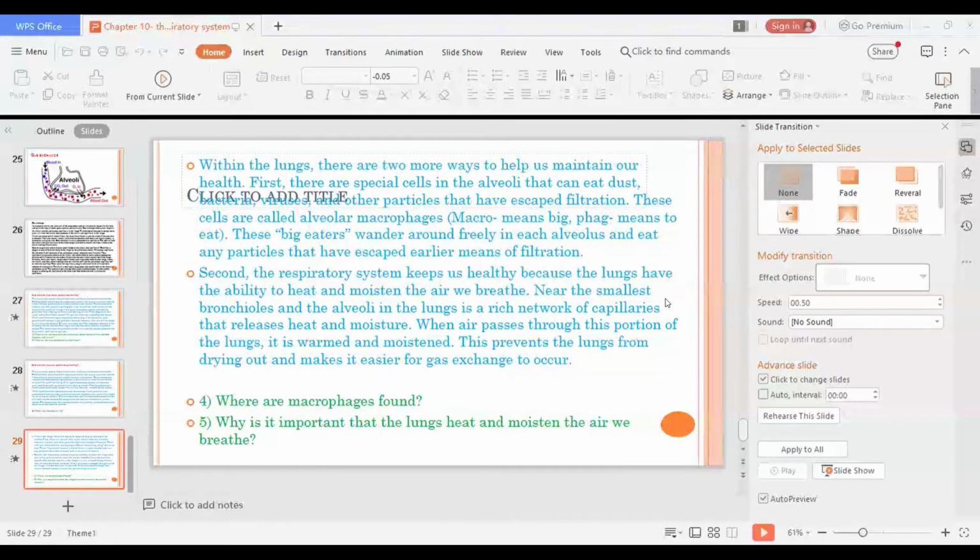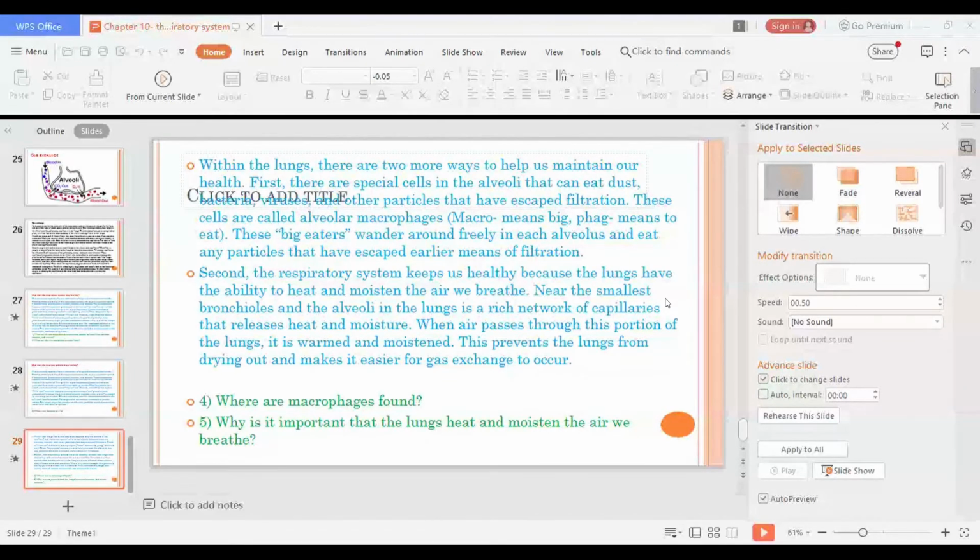Okay, so can you show the class in which paragraph and which line you can find the answer? I can find the answer in paragraph 1, line number 1 and 2 from the bottom. From the bottom, right? These cells are called alveolar macrophages. Macro means big and phage means to eat.